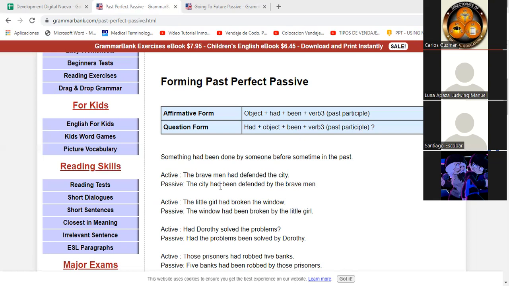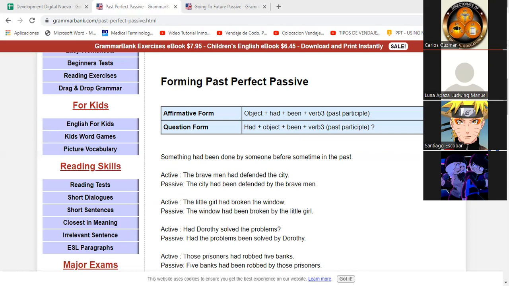We use the past participle form of the verb, defended. So the city had been defended by the brave men, right? Passive voice. All right, the next example.